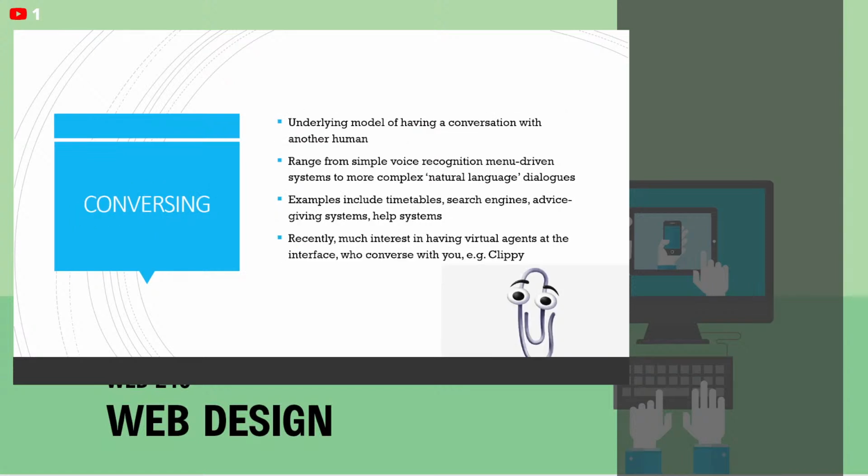Another thing is conversing, right? So this is the idea of an underlying model of having a conversation with another human. Right, and I have Clippy here as my example. But it's even more so when you think about AI and virtual agents, and even more than that, things like Siri and Amazon Alexa.